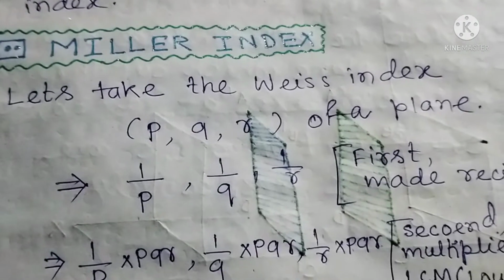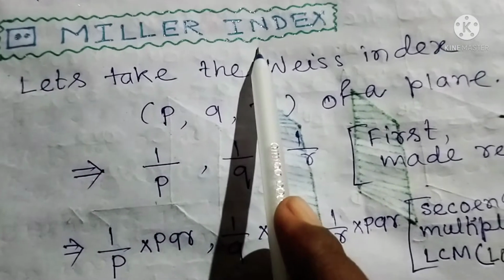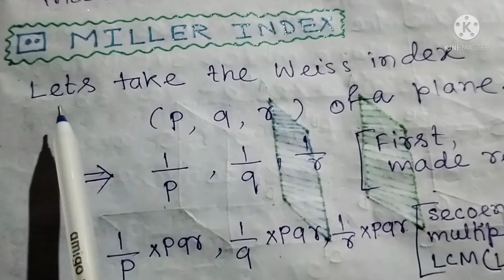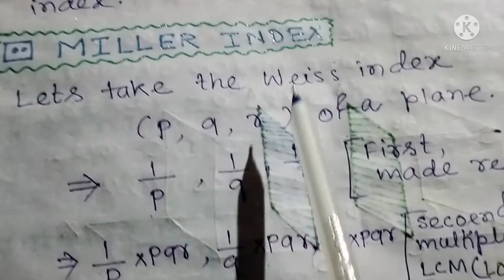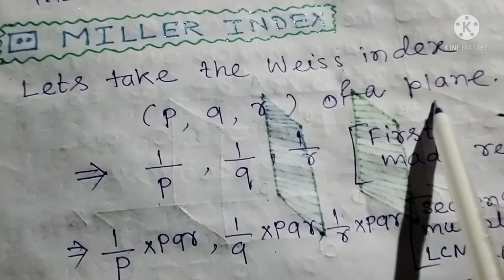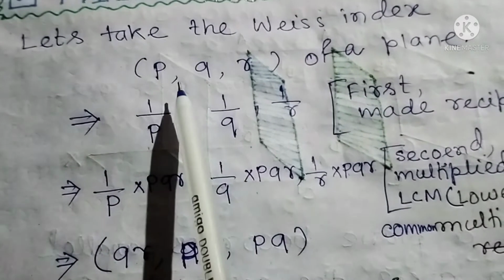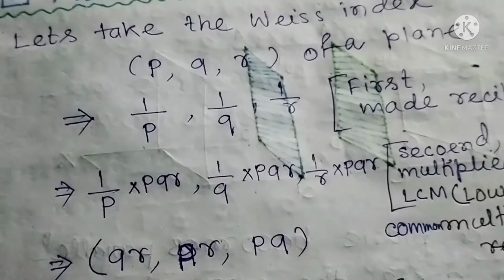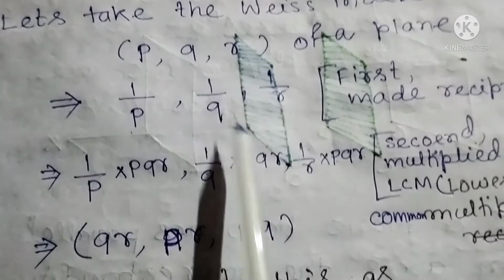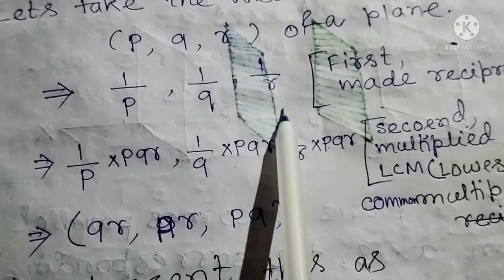Now, we shall study about Miller index. What is Miller index? At first, let's take the Weiss index p, q, r of a plane. First, take reciprocals. The reciprocal of p is 1/p. The reciprocal of q is 1/q. And the reciprocal of r is 1/r.